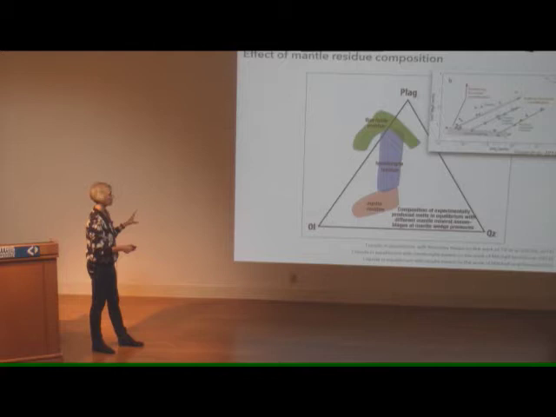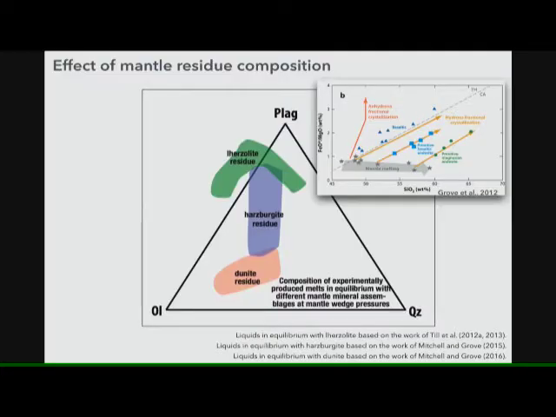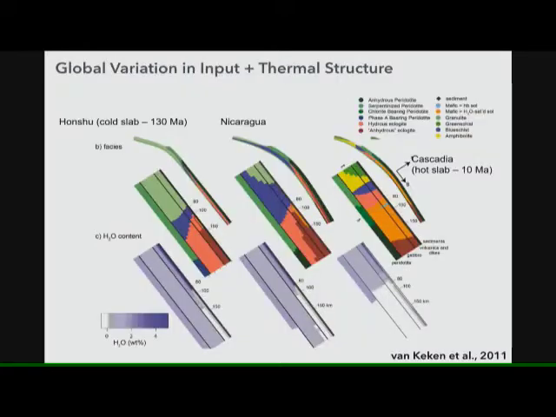Here's things that are wet mantle melting, and increased depletion of the residue will follow this gray arrow over in this direction on the Miyashiro diagram. So we can start to explain a wide range of the primitive basalt compositions that we see in arcs by these various melting mechanisms of the dry, the wet with the different residues, the wet with the different extents of melting.